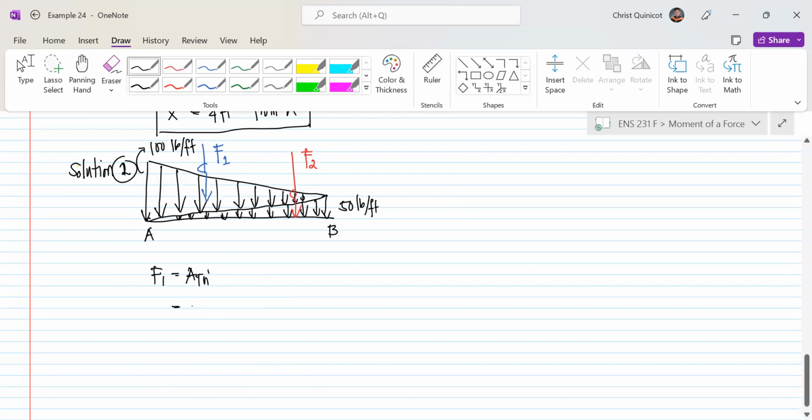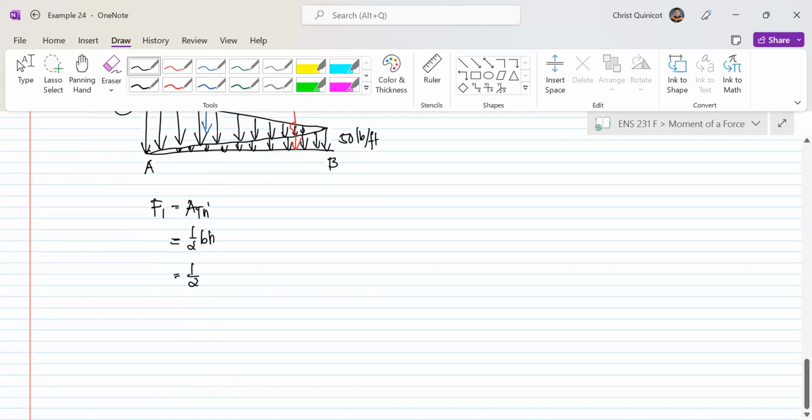Of course, that is 1/2 base times height. The only difference is that instead of having 50 as our height, we will be using 100. So f sub 1 is equal to 9 times 100 times 1/2, and f sub 1 is 450.